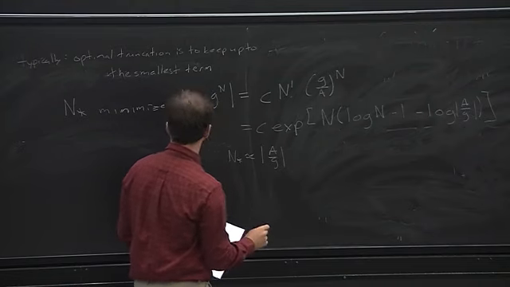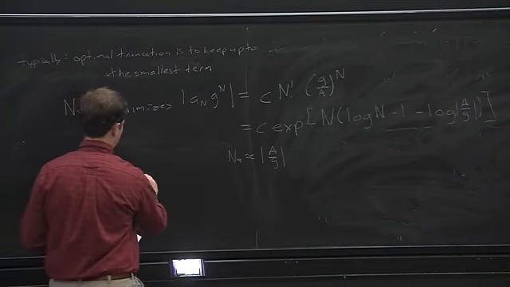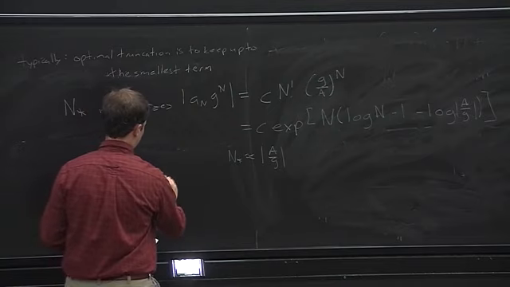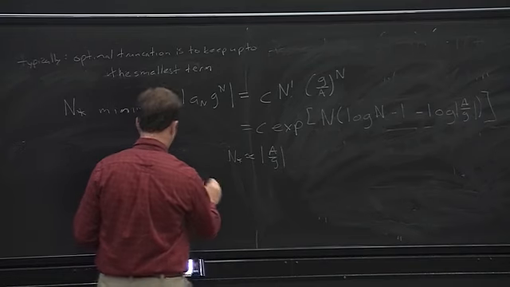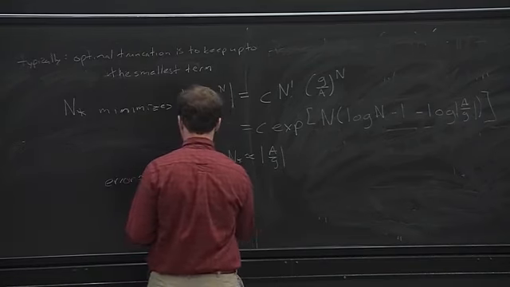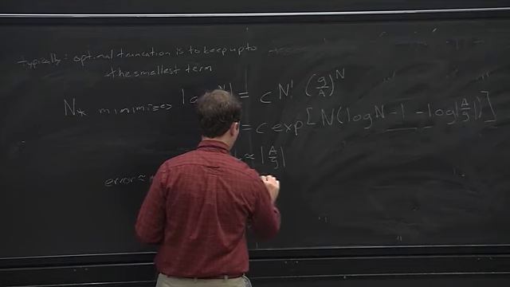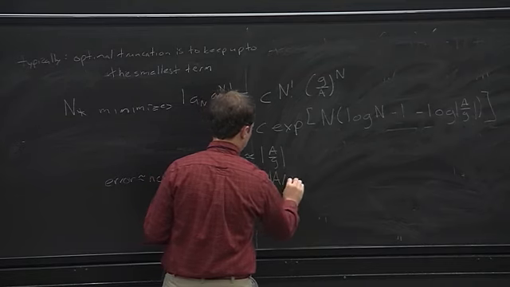And then the error is typically like the next term. So the error will be like e to the minus a over g.